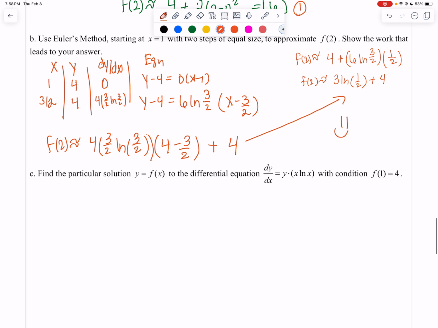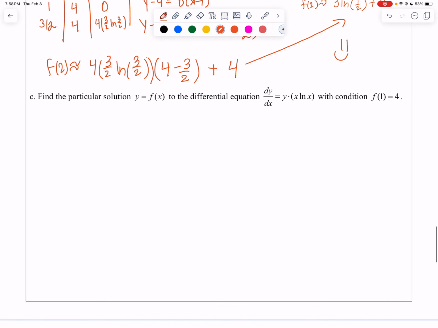All right, part C, you want to find the particular solution. So go ahead and do that by dividing by y and multiplying by dx. Take the integral, so you're going to get ln of absolute value of y is equal to the integral of x ln x dx.